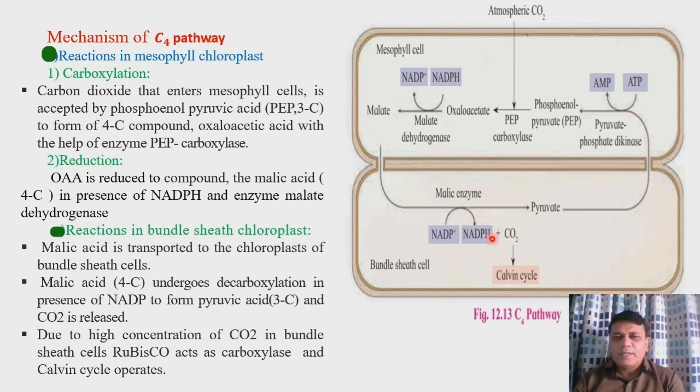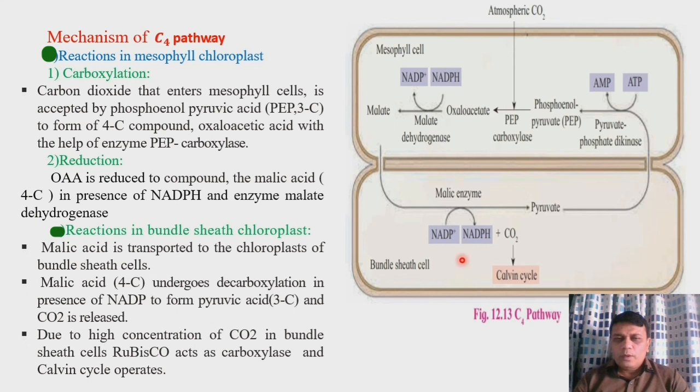Carbon dioxide is released and pyruvic acid or pyruvate is formed, and this decarboxylation occurs in presence of NADP, and this NADP is converted into NADPH. Then this CO2 released enters the Calvin cycle or C3 pathway to form glucose.